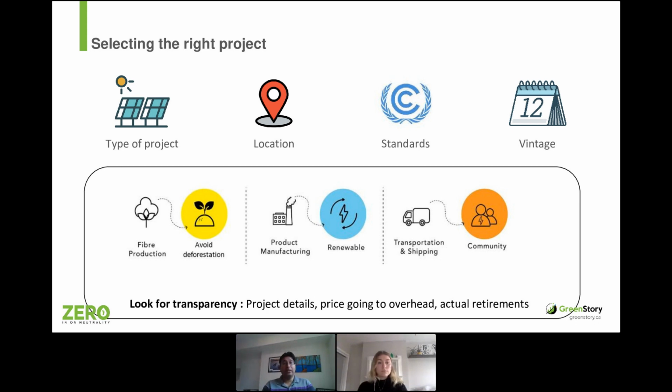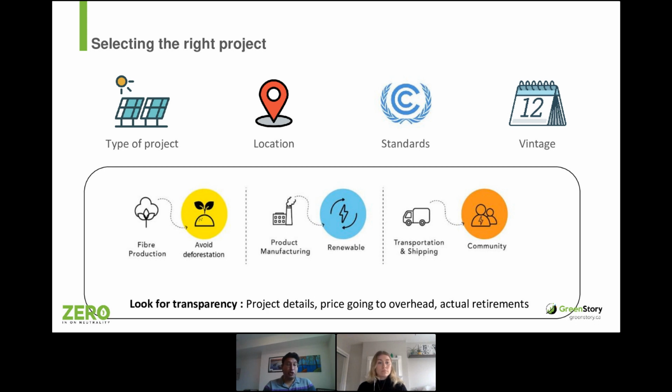What that means is we look for projects which are closely aligned with our client supply chain locations and have a mix of renewable energy, avoided deforestation, and community projects. A majority of the weightage goes to renewable energy projects, almost 70%, primarily because the emissions from them are permanent and immediate, and also help economies transition to sustainable energy.